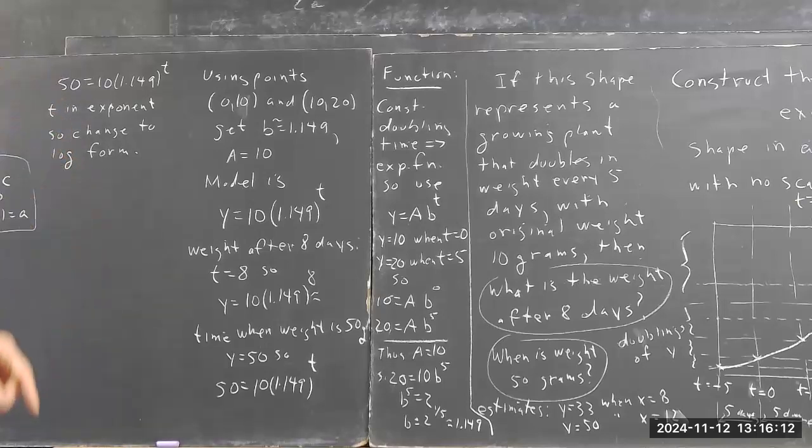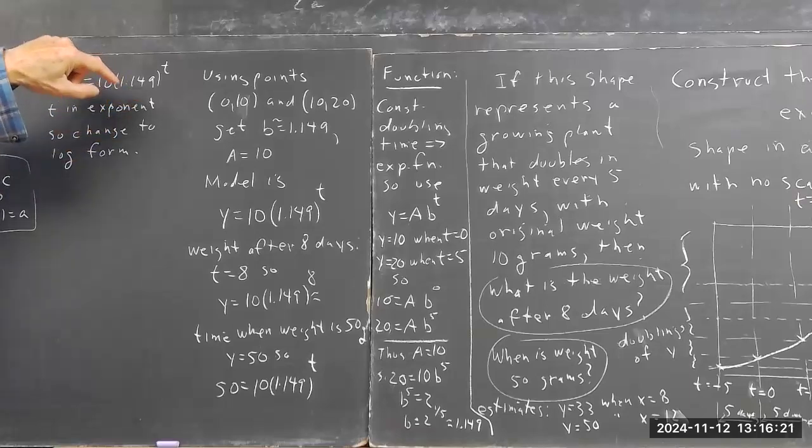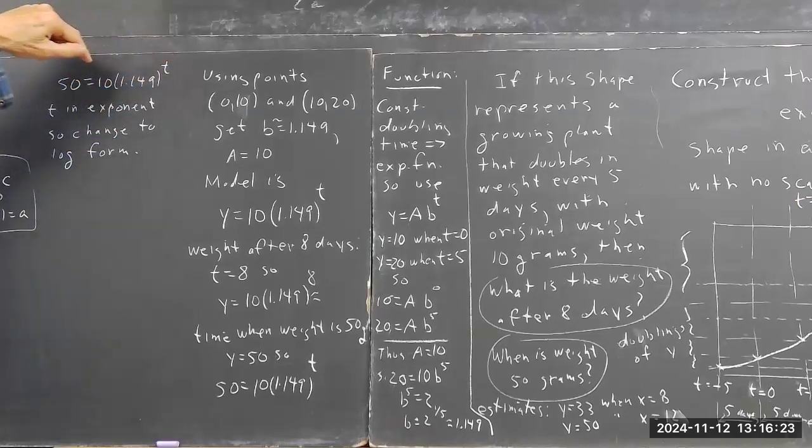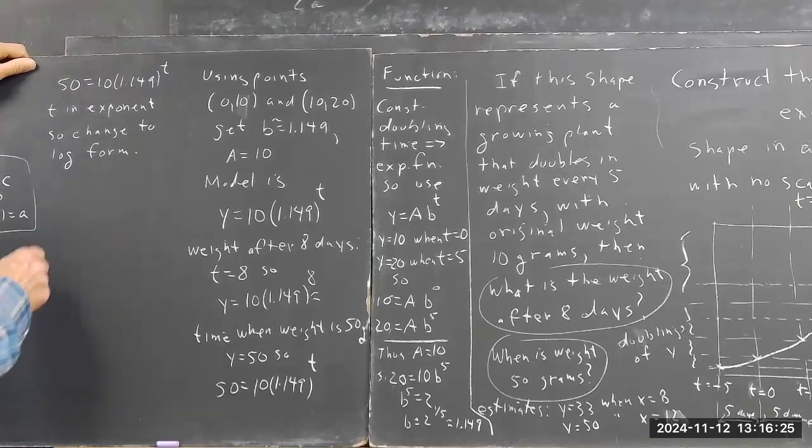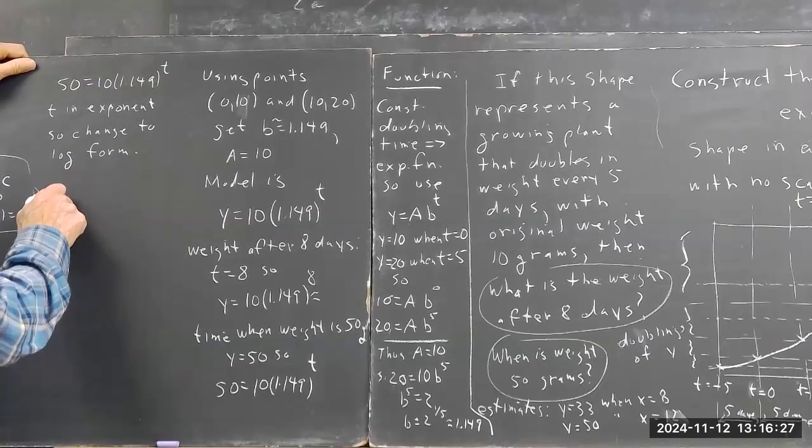So t in the exponent changed to log form. Now, this is not in either of these forms. You want it in the form b to the a equals c, so you want that 1.149 to the t to be by itself on one side of the equation.